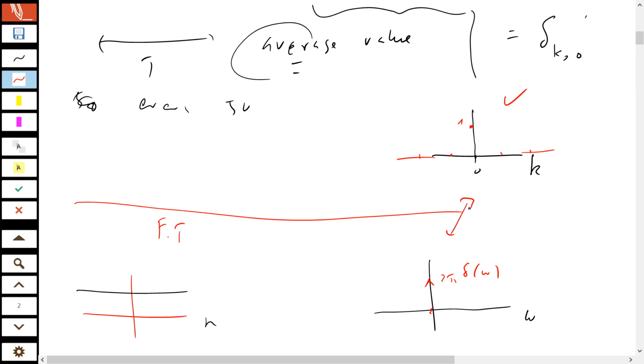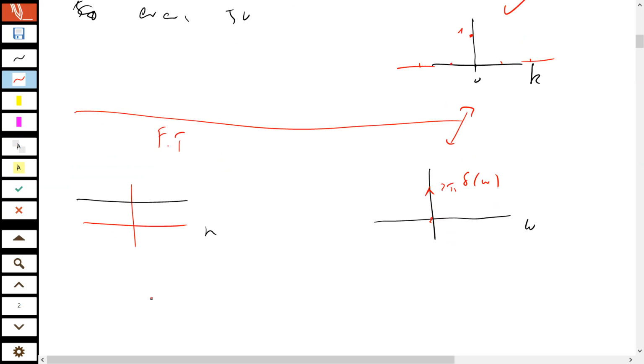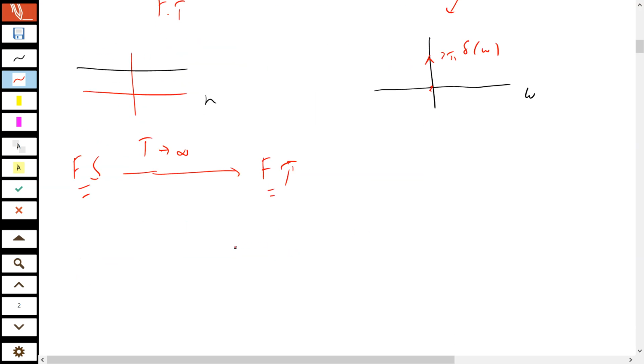The reason for this is what I told you in the beginning. When we developed Fourier transform from Fourier series, we did something, right? We knew that Fourier series only works for periodic signals, but Fourier transform is usually used for aperiodic. We started with a period T and then we let the period approach infinity. And in so doing, the coefficient ck disappeared, became zero.